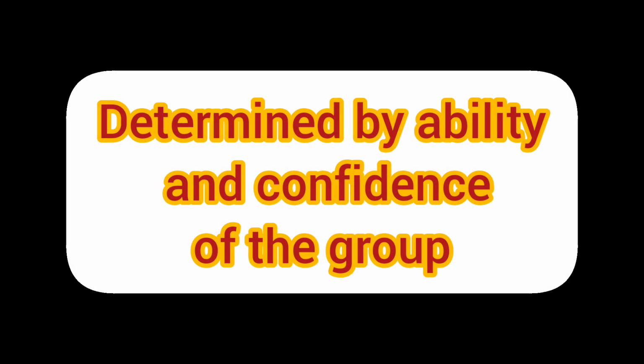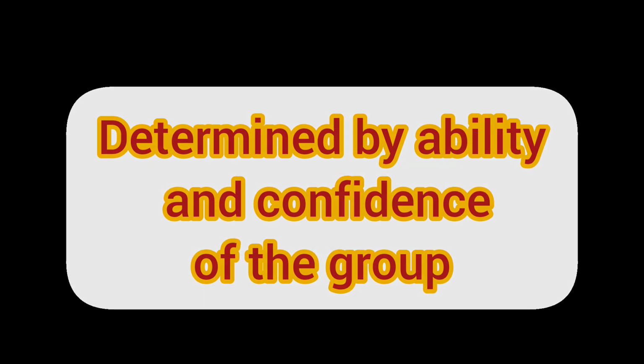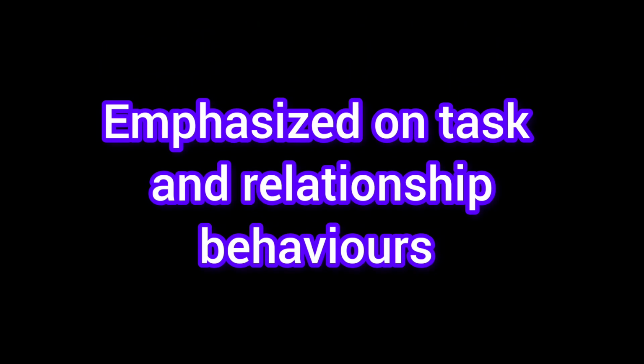Followers' maturity is determined by the ability and confidence of the group. The model proposes that leaders deal with varying levels of follower maturity by adjusting their relative emphasis on task and relationship behaviors.